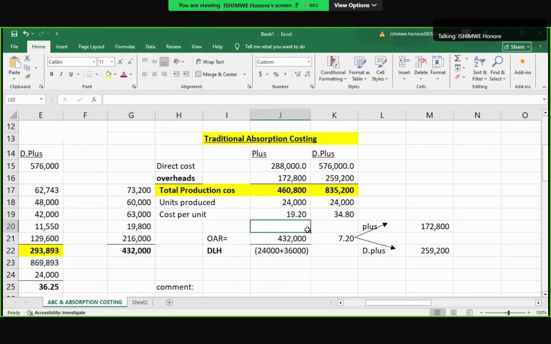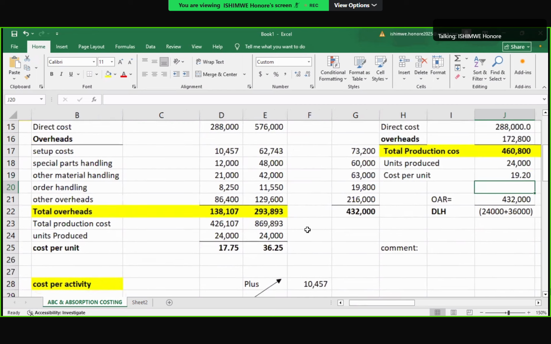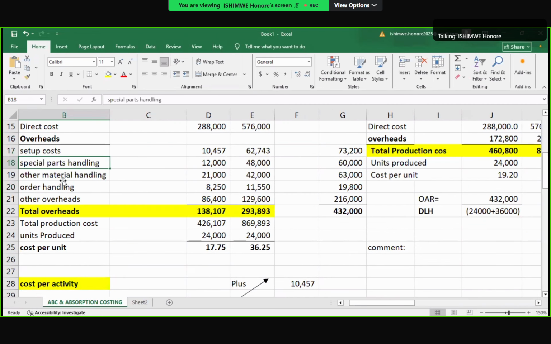When you use ABC, you analyze each cost separately based on what causes it to happen. So for the activity with more consumption, we can highlight it. You see what causes this cost to be, let's say, 62. The highest cost you have is these other overheads.